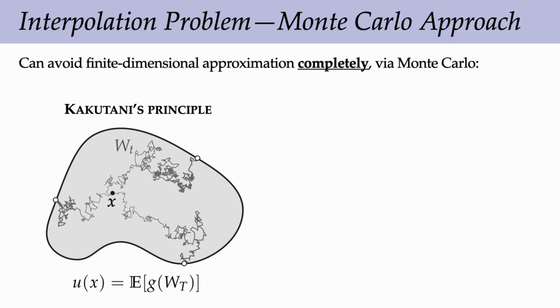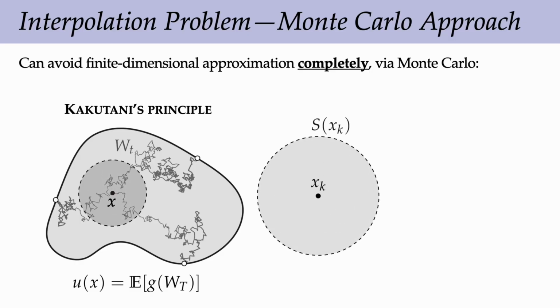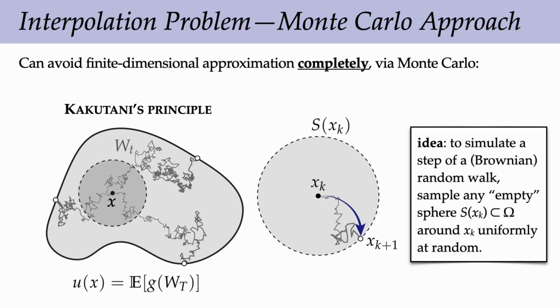Actually, what I can observe is that a random walk starting at a point x is equally likely to exit through all points on a sphere around x. So if I just uniformly sample the sphere, then I haven't made any statistical error at all.